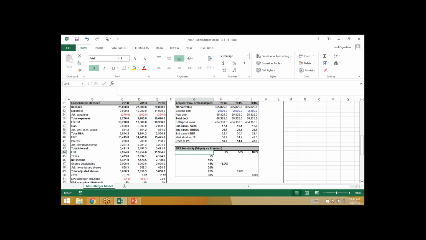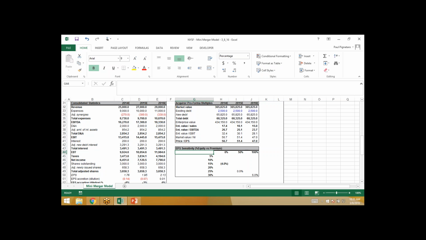The way a two-variable data table works is, first, in the upper left corner of the table, you need a link in from the model that represents what you want the table to be populated with. We want the table to be populated with 2016 EPS percentages.